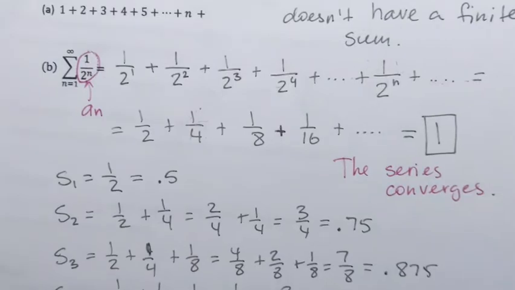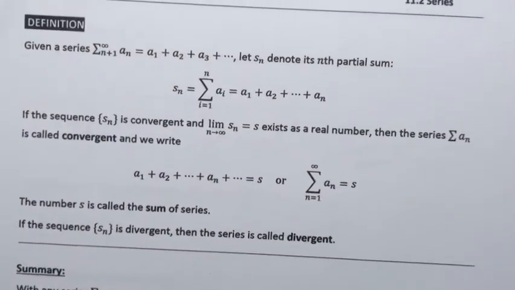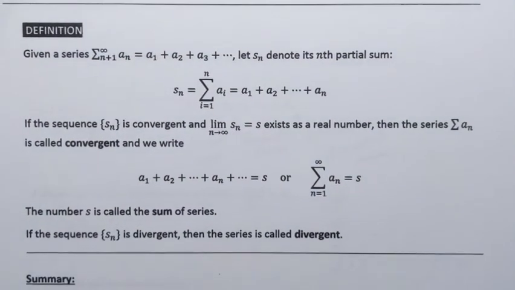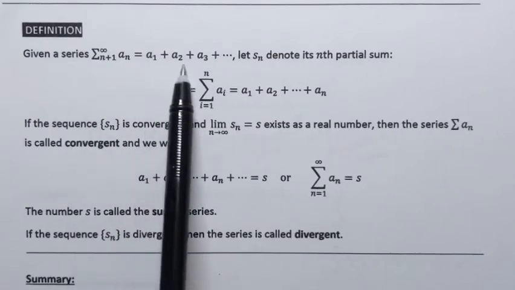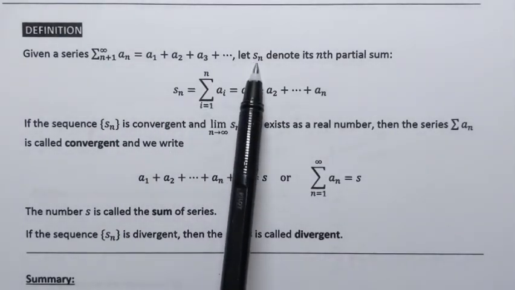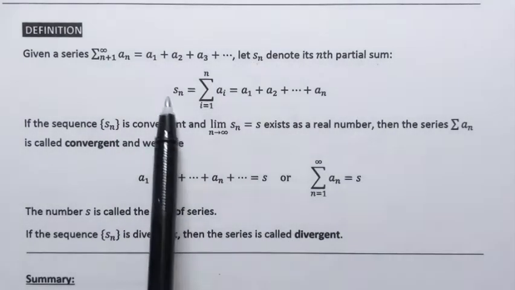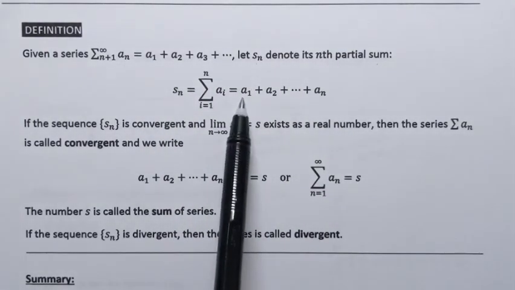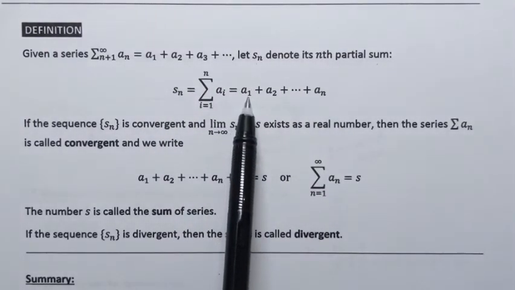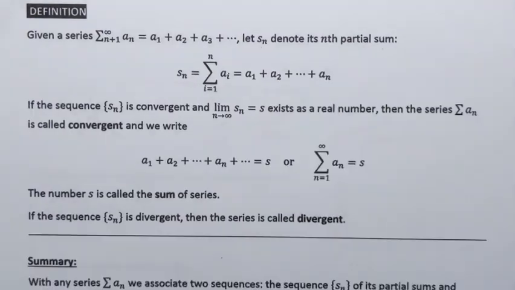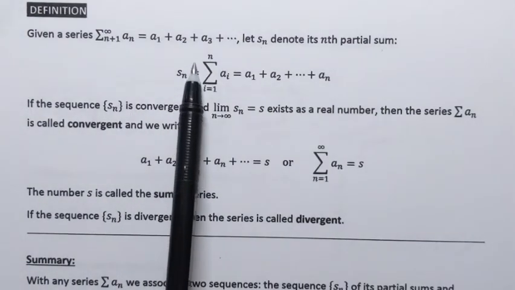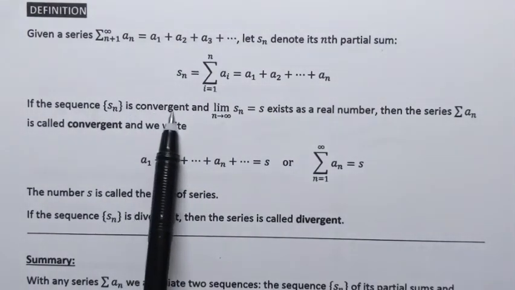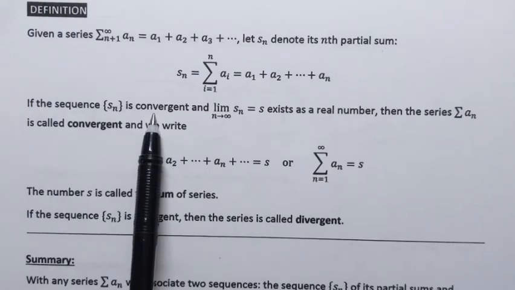And all that is defined and explained in this definition right here. So given a series, let S sub n denote its nth partial sum, right? And that's how it's described: the sum of terms from the first one to the nth one. Then if the sequence of the partial sums converges, in other words, it approaches some number, right?